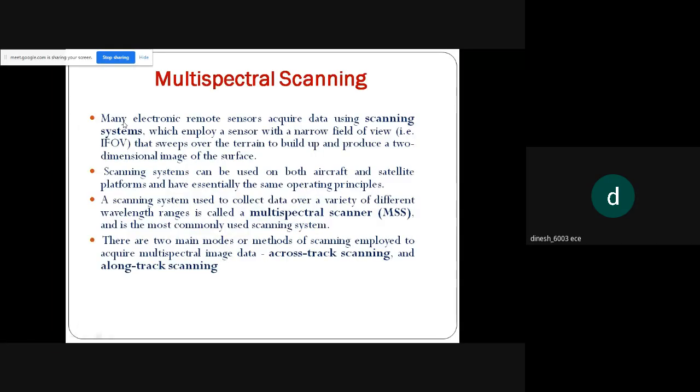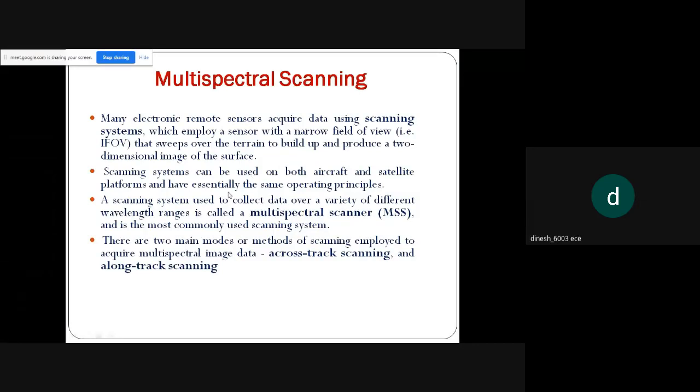There are many electronic remote sensors that acquire data using scanning systems that employ a sensor with a narrow field of view, or IFOV, that sweeps over the terrain to build up and produce a two-dimensional image of the surface.